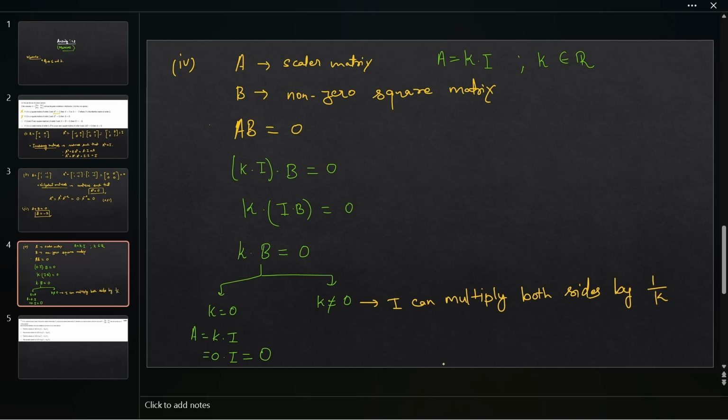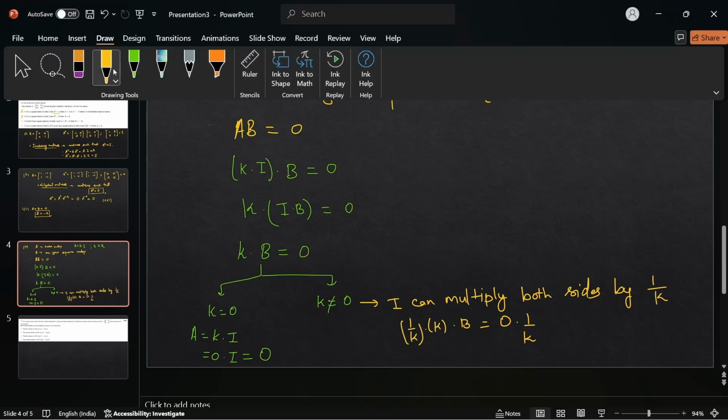That means I can write this equation as 1 by k times k into B is equal to 0 times 1 by k. Now, what would that become?